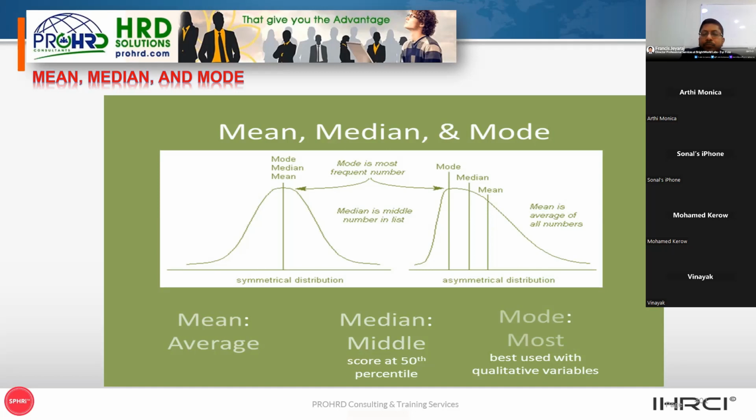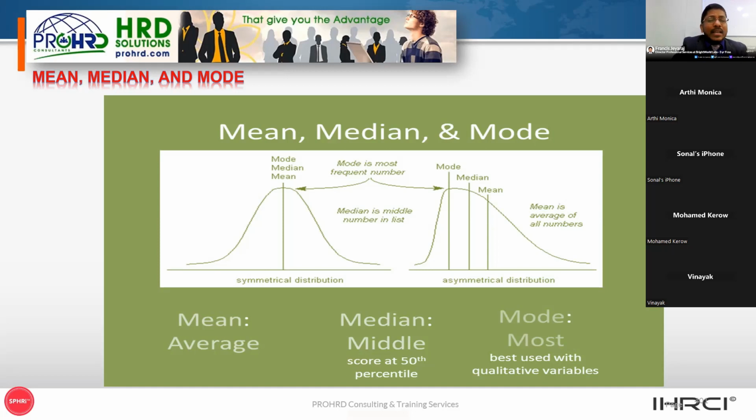Okay, what's the median? The median is the middle number of the data set. For example, imagine there are 3 people: person A getting $1, person B getting $1, and the third person getting $1,000.